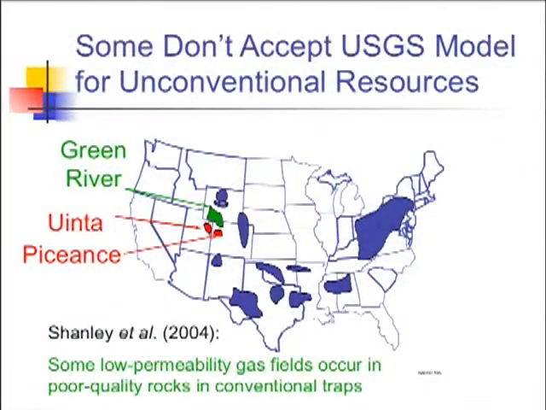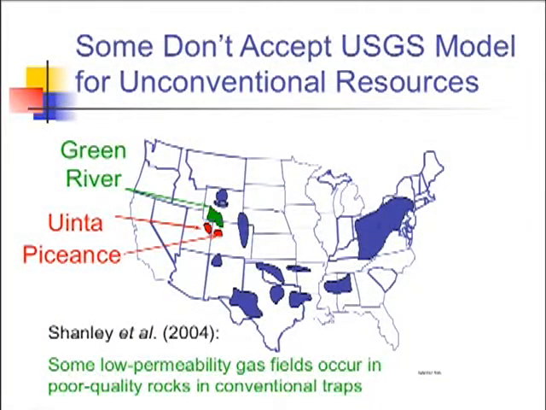Now, I want to note before I continue describing the USGS methodology that there are many good thinking people within the industry that simply don't accept the USGS model for unconventional resources.